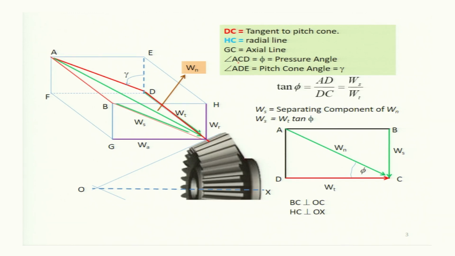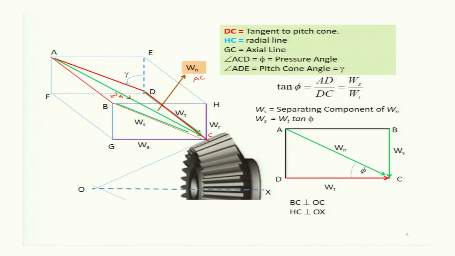So the angle ACD is the angle made by your line of action, because this is the direction along which Wn is acting, from A to C. So, the angle made by the tangential direction to the pitch cones.